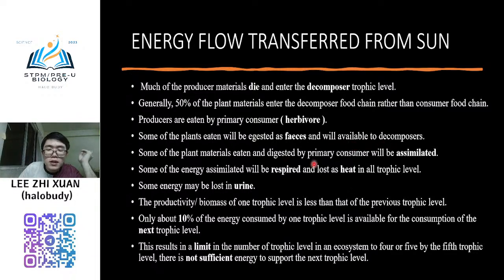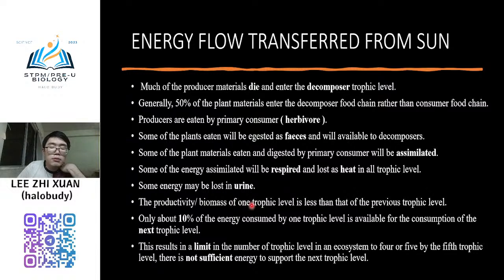Another situation is that our primary consumer will assimilate the nutrients and the energy. And this energy assimilated will be respired and lost as heat in all trophic levels. So this is the reason that our energy will be lost. Some energy will also be lost in urine.